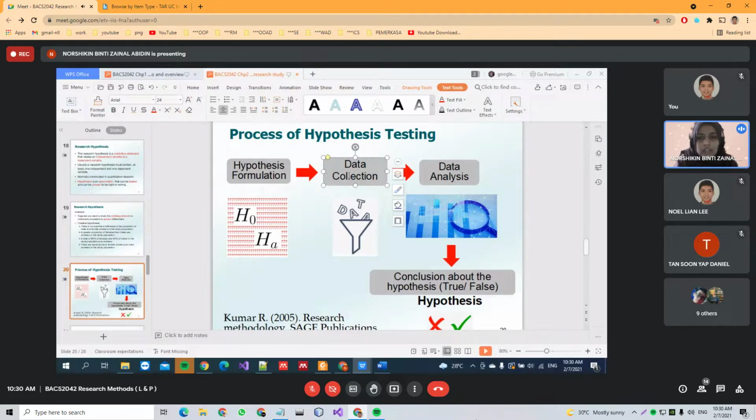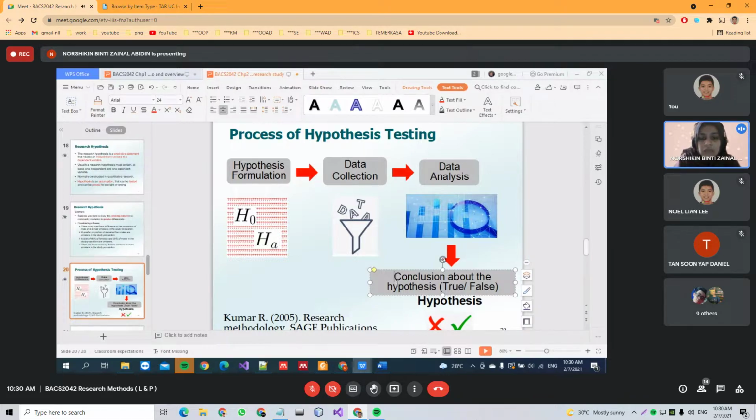After you collect your data, you do your data analysis. And then after you have your result from your data, you need to do a conclusion.